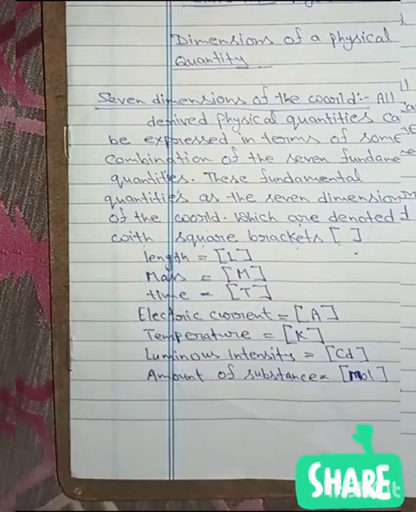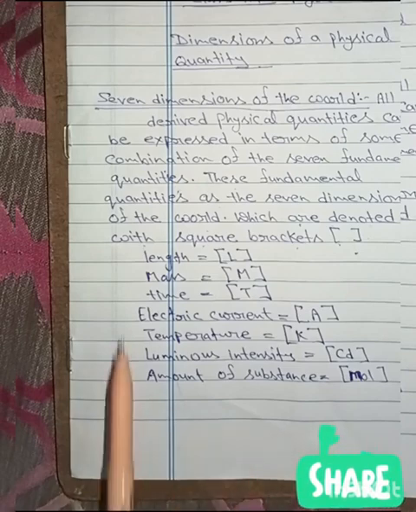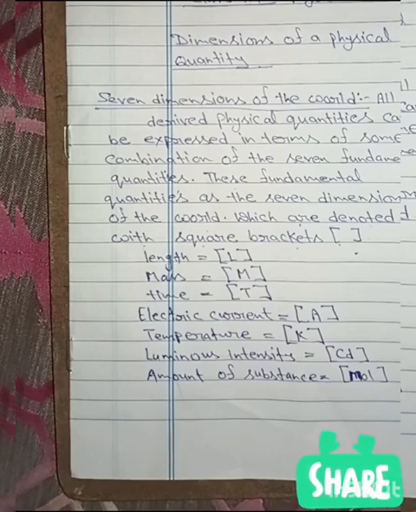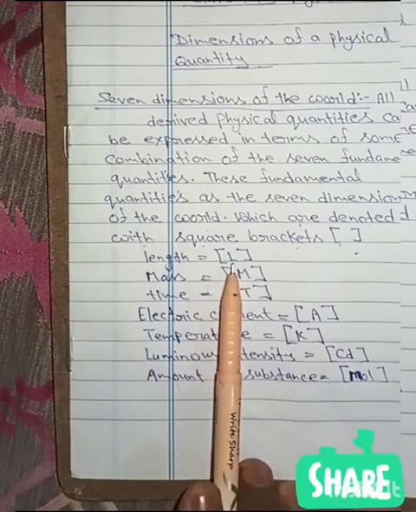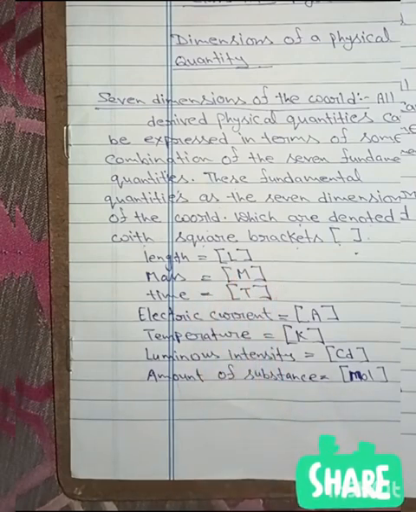So these are the seven fundamental basic quantities, and other physical quantities are derived from these seven fundamental quantities. And when we write the dimension of a physical quantity, we should always write it in a square bracket. It's clear to everyone.